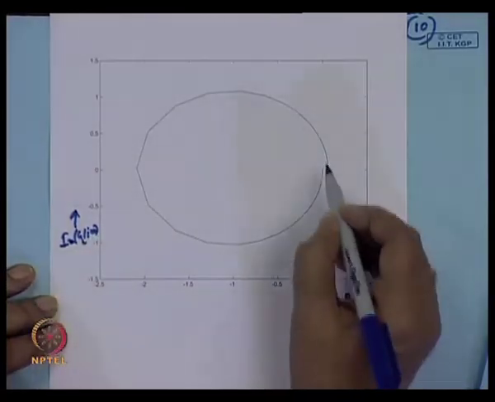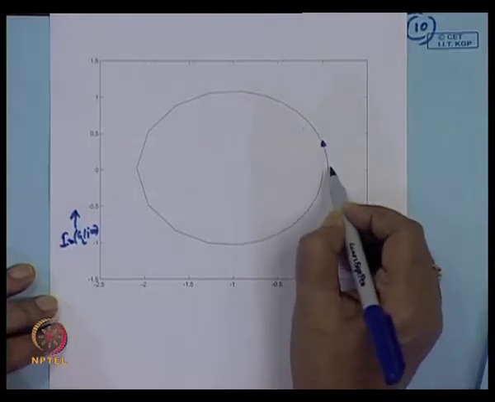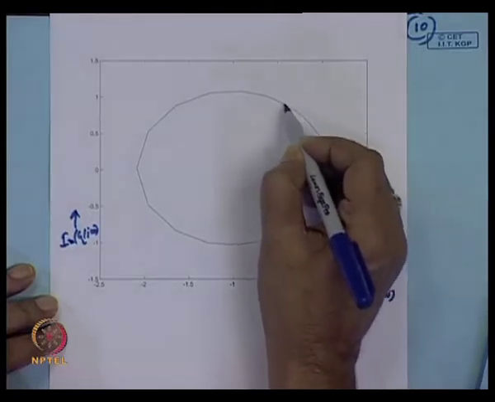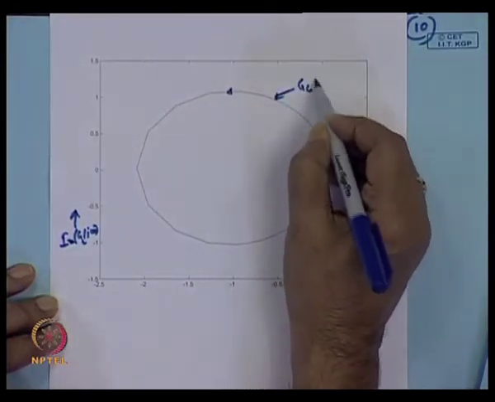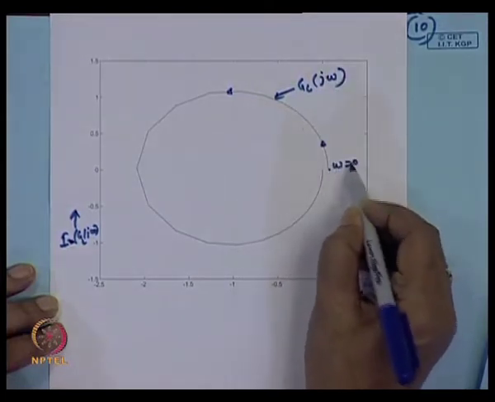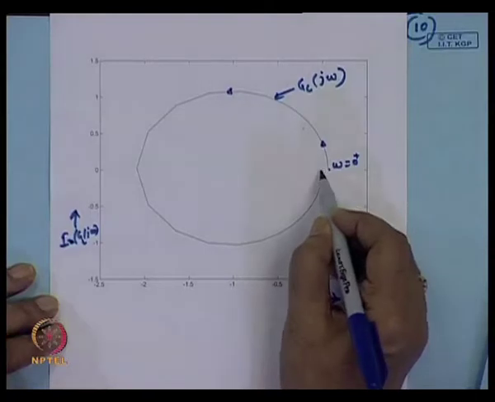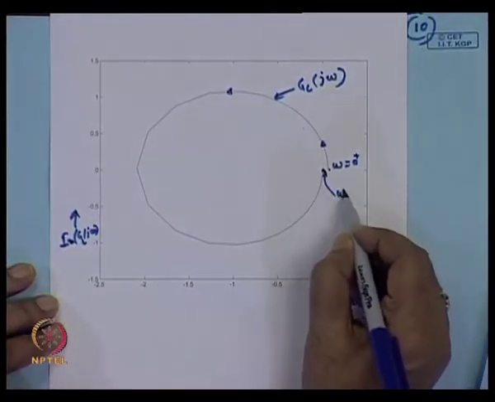It starts from here, where omega is equal to 0 plus, and as omega increases, this is the origin 0, 0, where omega is equal to infinity.